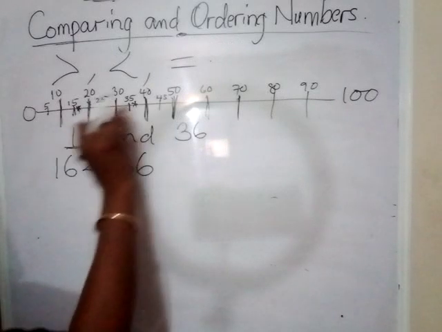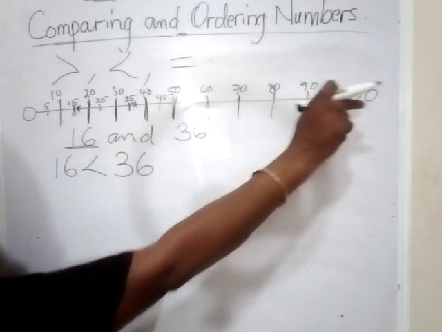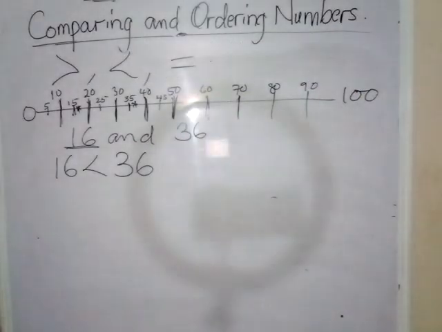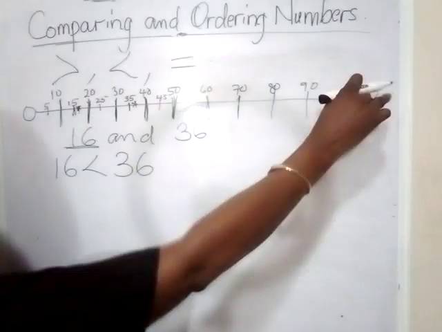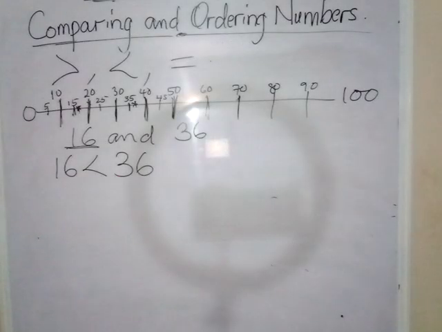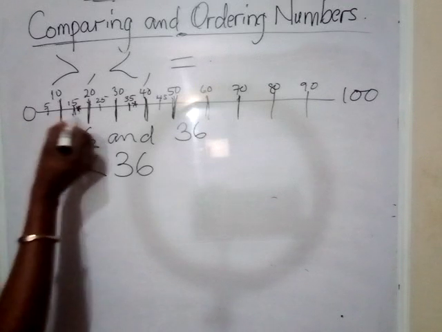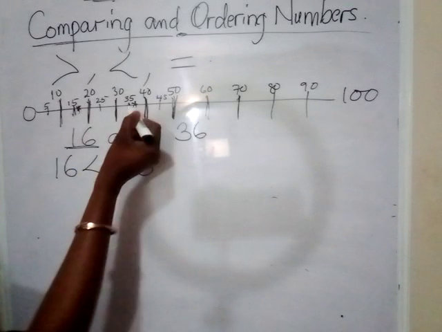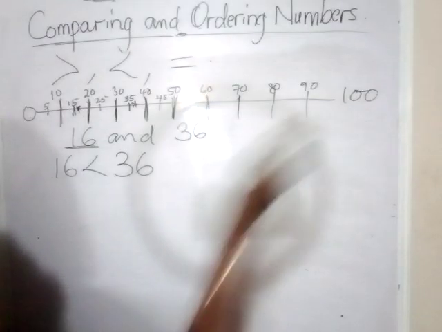And as you are moving farther away from 0, you are going closer to 100. And we said that when a number is closer to 100, it is bigger. So 16 is closer to 0, while 36 is closer to 100.